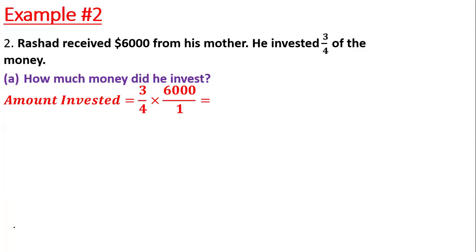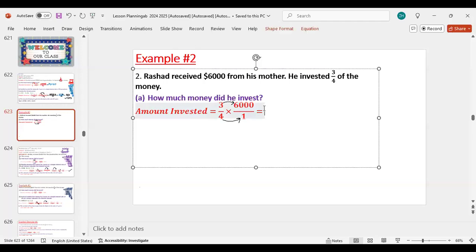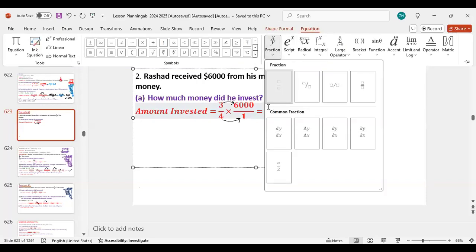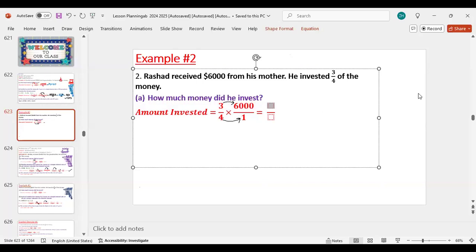So we have 3 multiplied by 6,000 and 4 multiplied by 1. Again, 3 multiplied by 6,000 and 4 multiplied by 1. And so let's go ahead and answer this. So, 3 multiplied by 6,000.